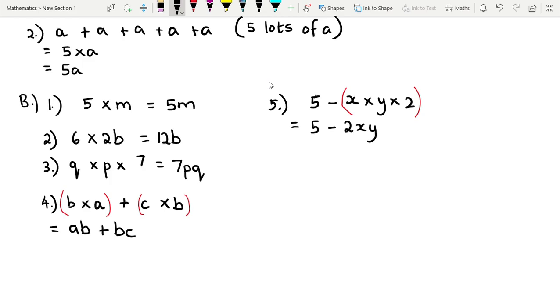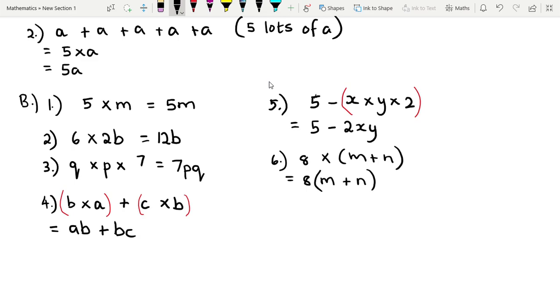Okay, next one, number 6. We have 8 times (m plus n). So if you get something like this, it's basically saying 8 multiplied by m plus 8 multiplied by n. So here we could write it like that, 8(m plus n).